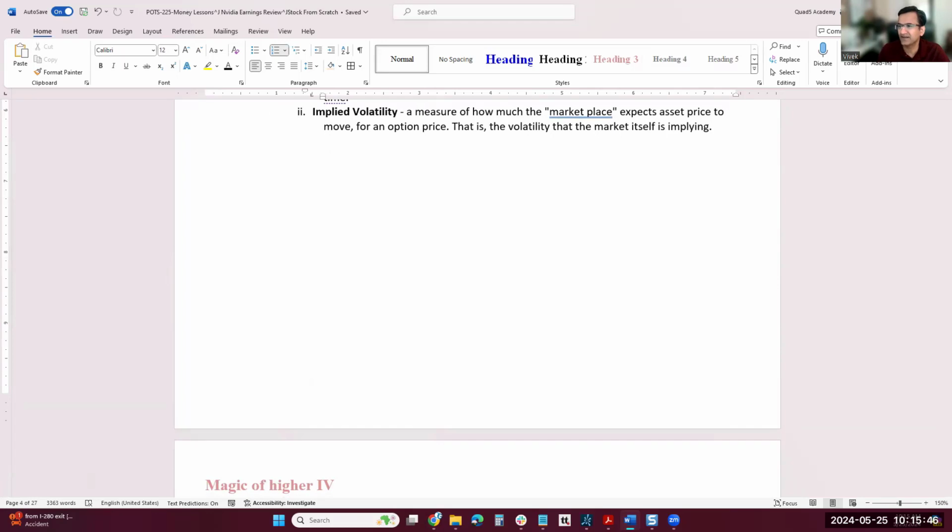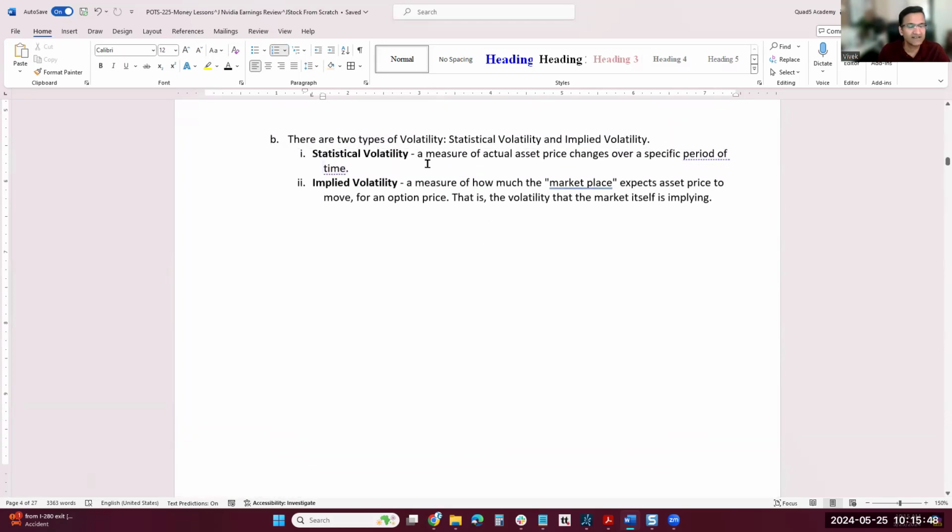Statistical volatility, or historical IV. Implied volatility is what the option pricing is implying it to be. Looking at the option pricing, it is the volatility that the market is expecting the stock to display, how much percent the stock could move based on this option pricing.